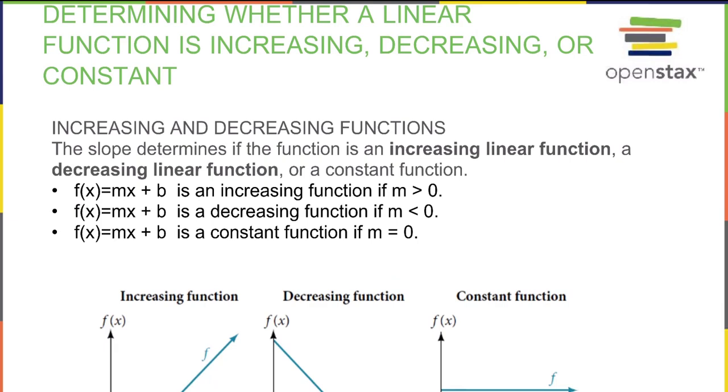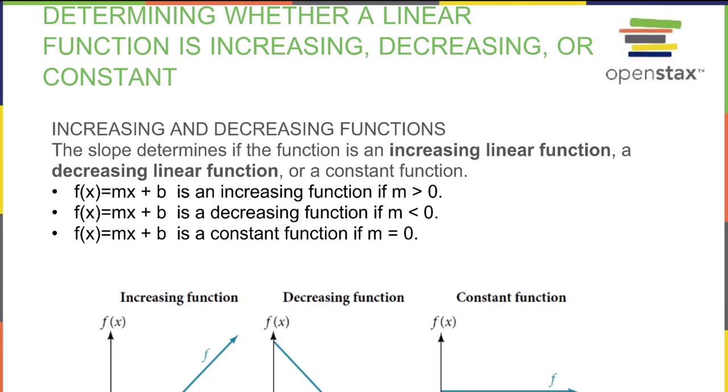All right, so let's talk about the next objective, determining whether a linear function is increasing, decreasing, or constant. So for increasing and decreasing functions, the slope determines if the function is an increasing linear function, a decreasing linear function, or a constant function.